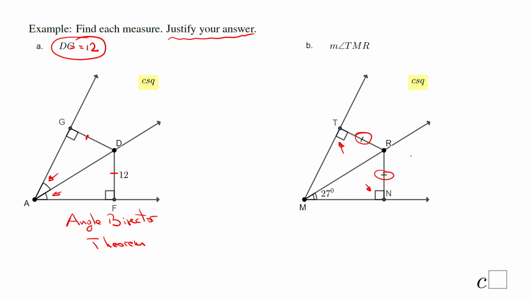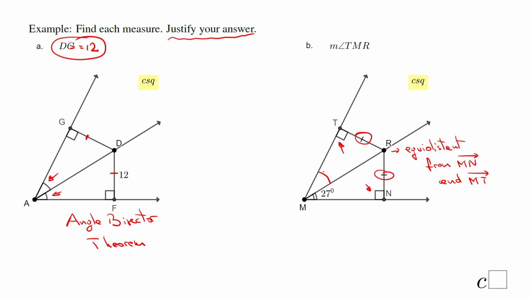So that means point R is equidistant from side MN, ray MN, and ray MT, which means MR is the angle bisector.